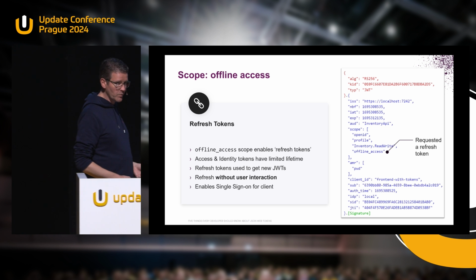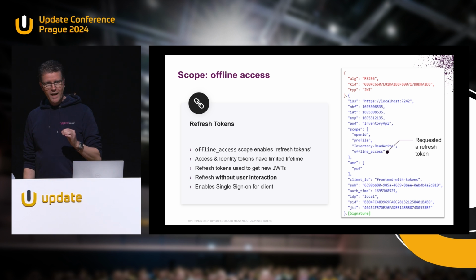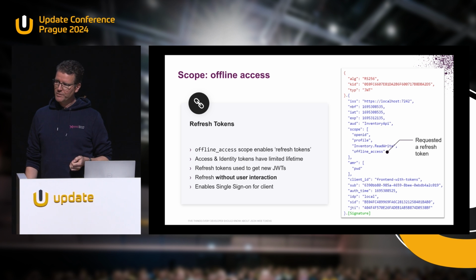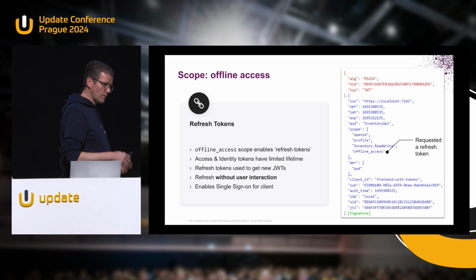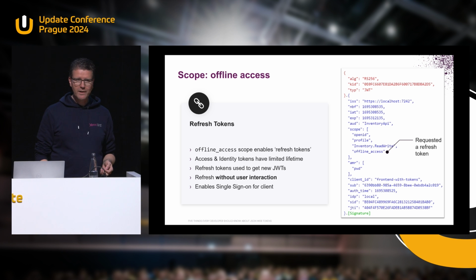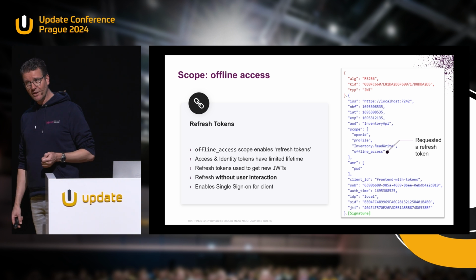And it turns out that we have a third token here, which is called a refresh token, that we can use for that. So access and identity tokens have a limited lifetime, so they are valid for usually about an hour. And in order to prevent having to log in every once in a while, there's refresh tokens. So they can be exchanged for a fresh set of tokens.